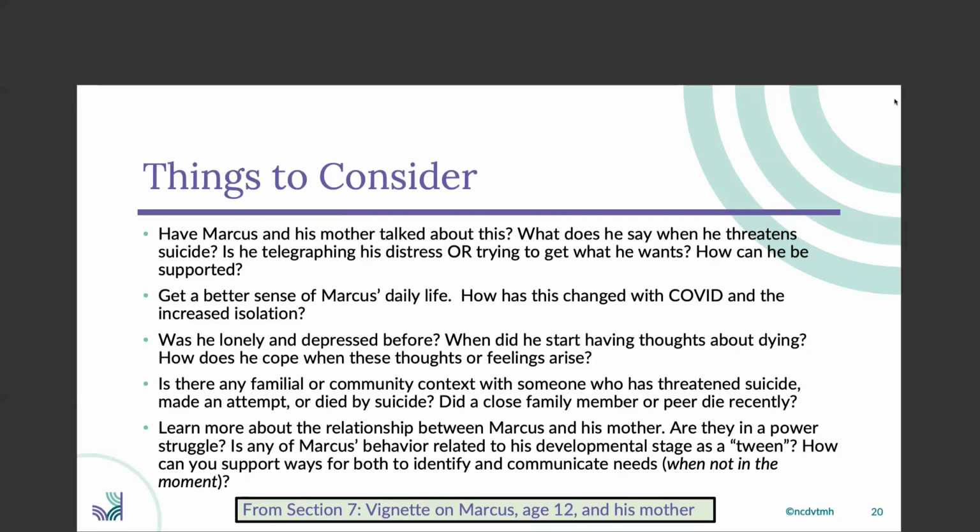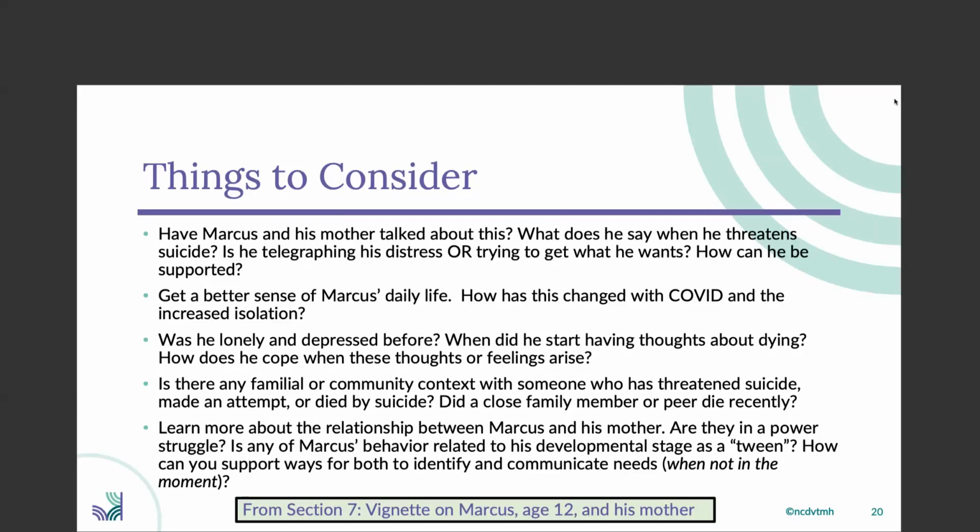Did a close family member appear to die recently? Not necessarily by suicide, but was there a death and a loss? And is that part of what's going on? And certainly when we have that empathic conversation with mom, we can probe a little more in terms of her own recent or past history, and what might be coming up for her when she's hearing this from her son.